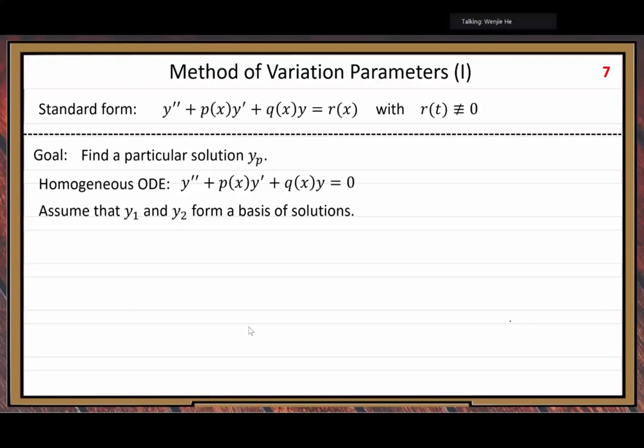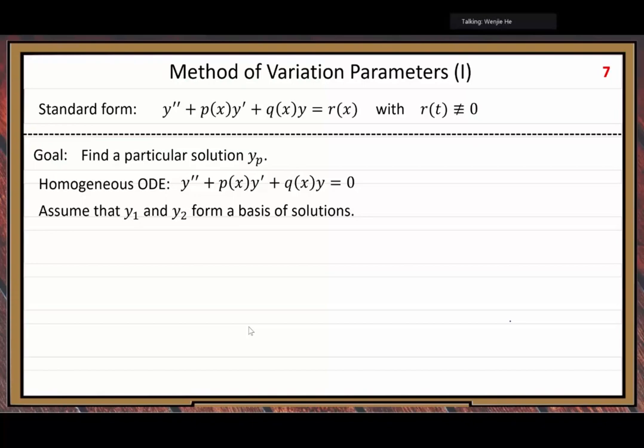For the homogeneous equation, did we do it in the previous parts? Actually not. Previously we did constant coefficients, but for P and Q non-constant, we have not.